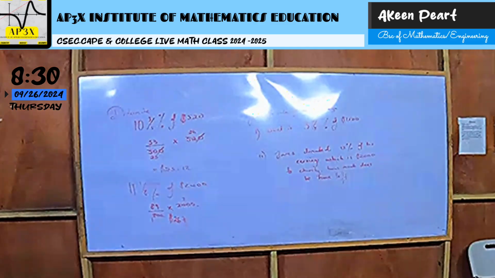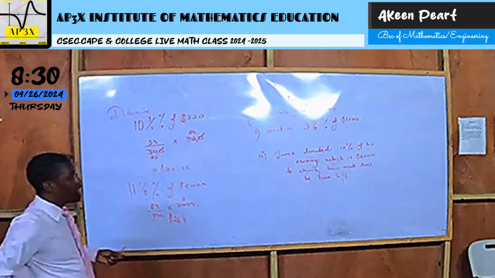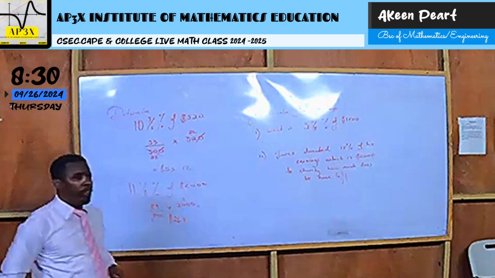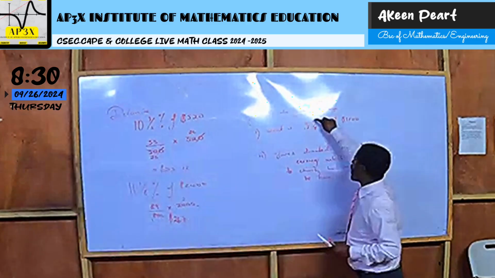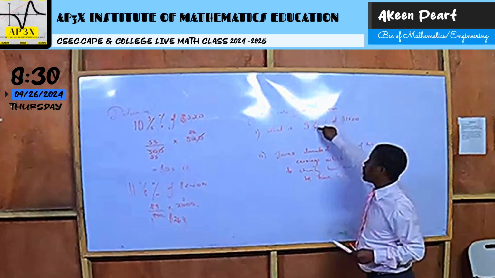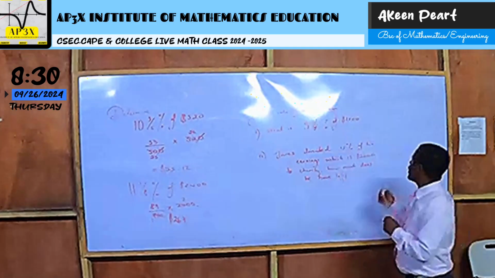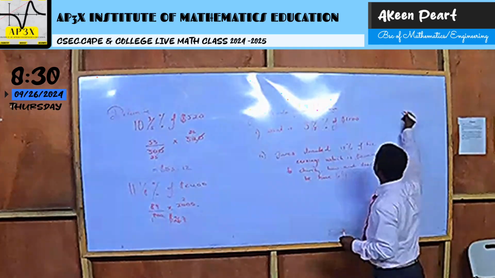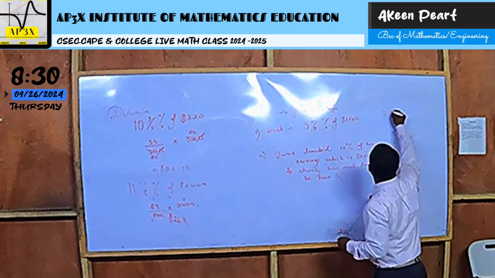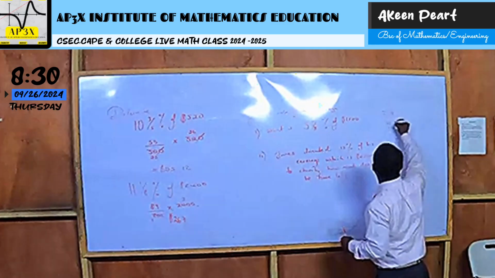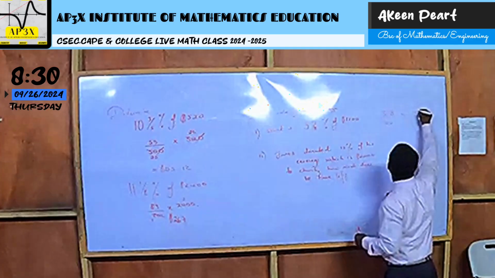So any method you want to use, okay? Math is not done one way. Do it how you feel comfortable. I have one student in here that converted the fraction to a decimal. So she said 4 over 5 is 0.8, so she said 3.8 over 100 and times it by 1500.